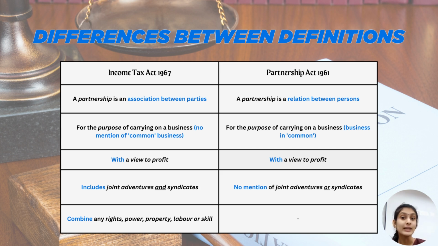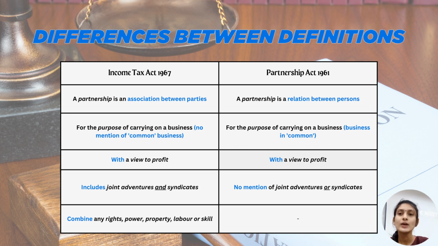If you notice the word that I highlighted in the slide, try to connect with the previous slide, or refer to the slides that we have sent in the group. Remember I mentioned earlier in section 2 of the Income Tax Act 1967, the definition says partnership is an association between parties. So this is what it is referring to.